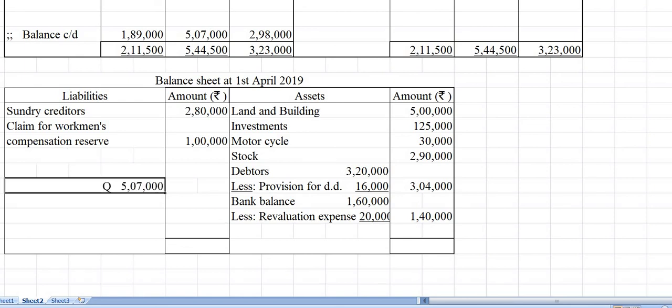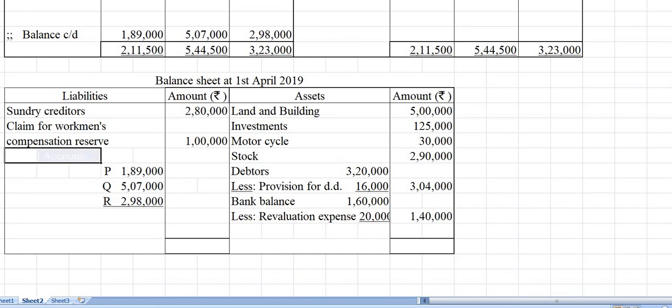Then P's capital, Q's capital and R's capital will be written. So the amount can be written here, capital accounts P, Q and R. Total capital 9,94,000. So the balance sheet total 13,74,000.